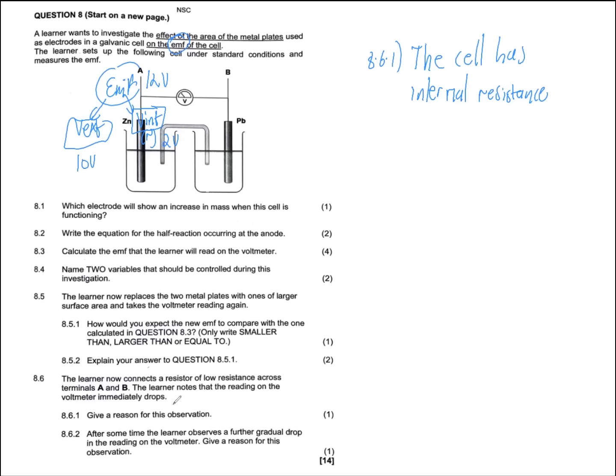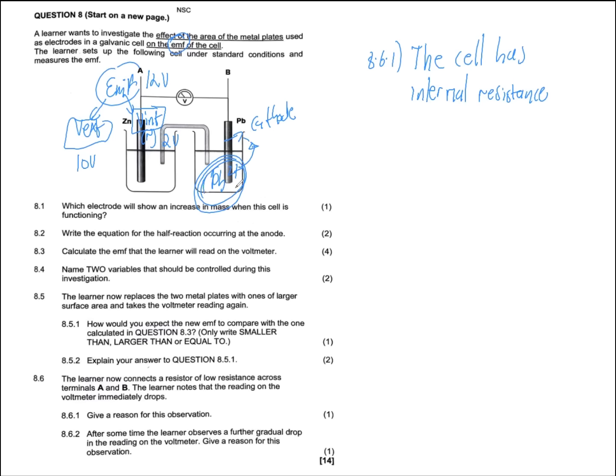And then after some time, the learner observes a further gradual drop in the reading on the voltmeter. Give a reason for this observation. Now, why is that? We want to respond to that based on what happens on the cathode, right? So it might be the fact that the concentration of the Pb2+ ions is being reduced here. Remember, as this is taking place, the Pb2+ ions are being reduced to Pb.